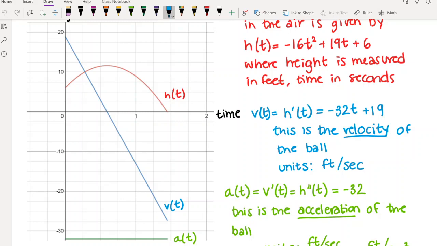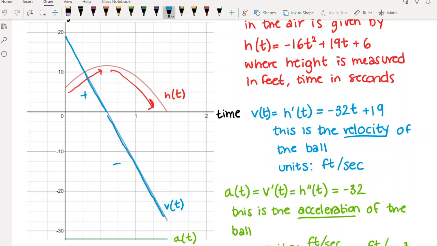So if we look at the original graph, we can see that it's going up during this part, right? And then it's going down, because if we're just thinking about the height over time, we can tell just by looking at that picture that it's going up and then it's going down. Notice that matches up with where the velocity is positive and then where the velocity is negative.